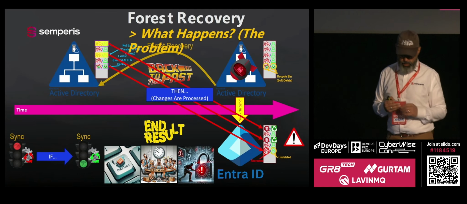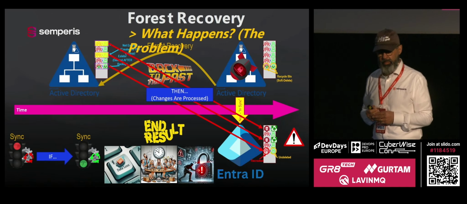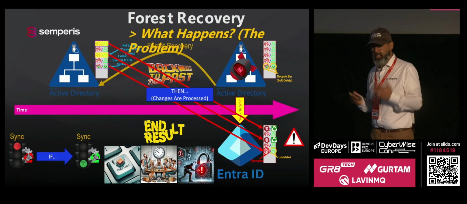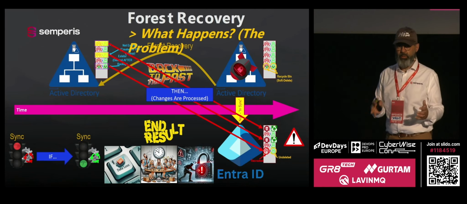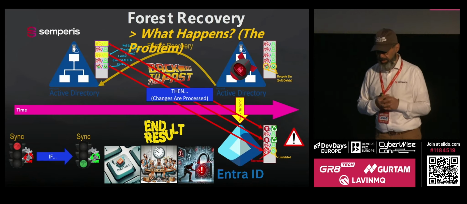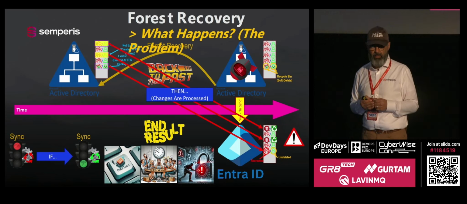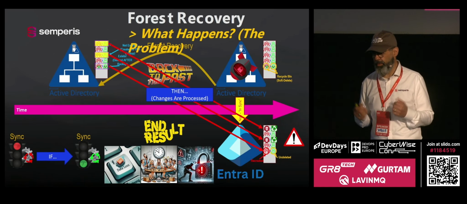Suddenly they can't work anymore using whatever system or application is connected to Entra. And how long does it take for those users to be able to work again? Well, it really depends on how fast you are able to fix all this and resynchronize. Depending on the size of your environment, the synchronization might take hours, and for some organizations even days, because you have to resync everything.